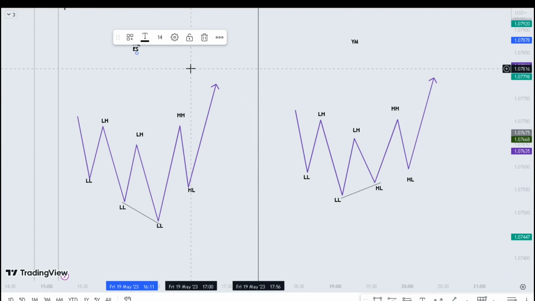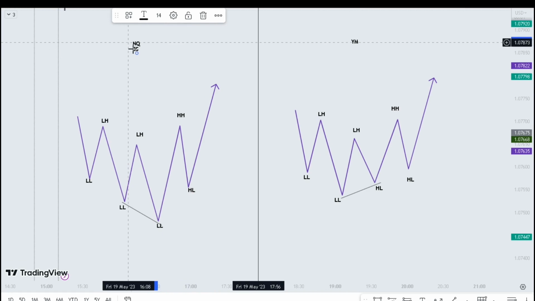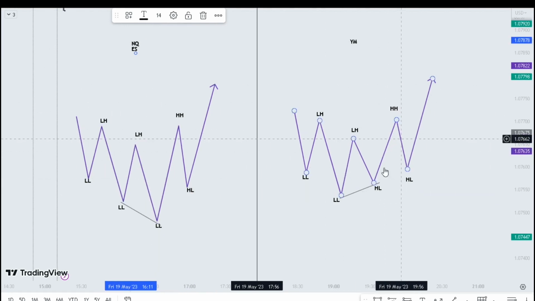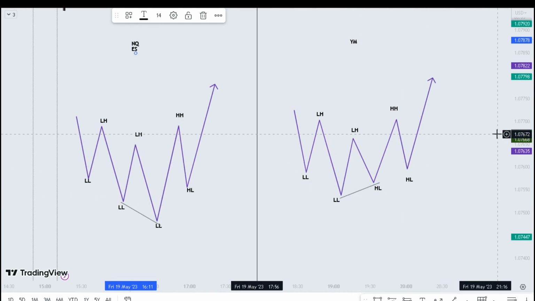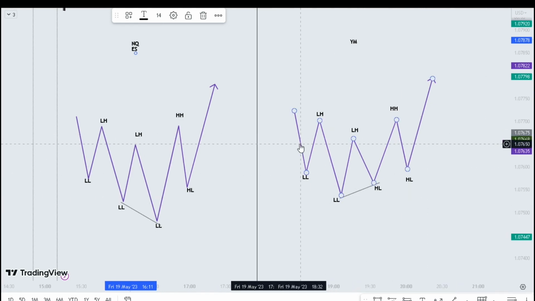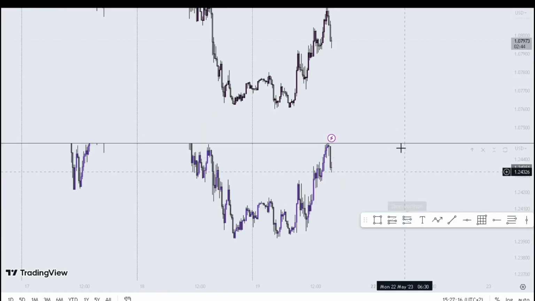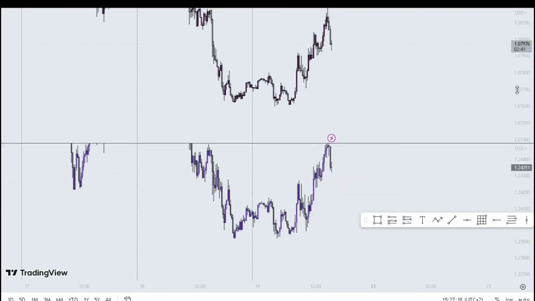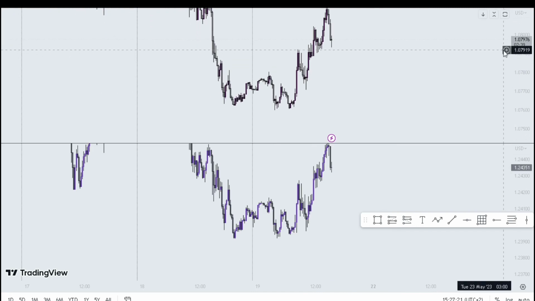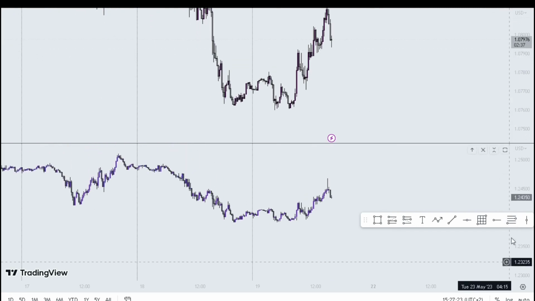Like now it's ES and NQ on the left against the Dow Jones on the right, so it can be three assets even. The important thing is to remember that it is not a reason to enter a trade, but only a trade confluence. If you look carefully, on the top we have EUR USD, on the bottom we have GBP USD.